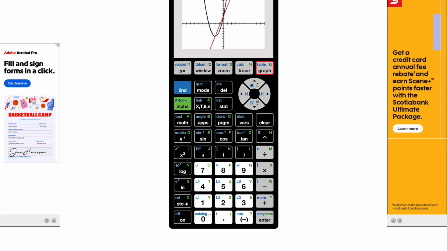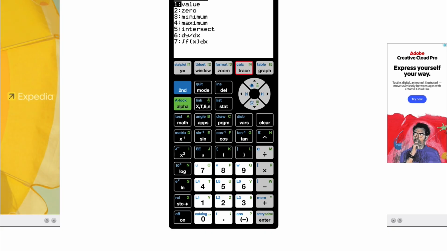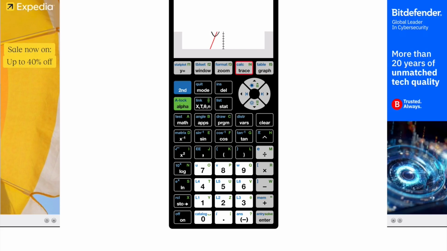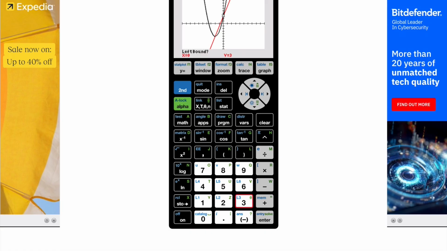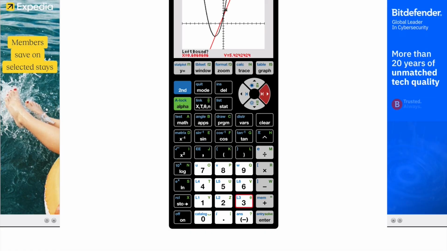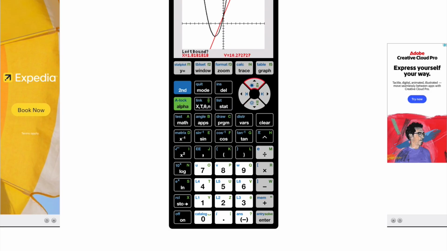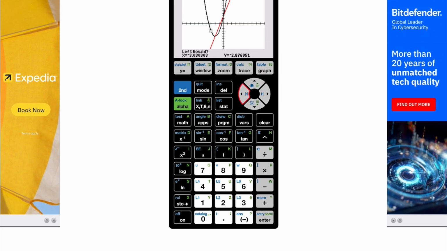To figure out my vertex, it'll be second trace, minimum. Good. So that's my left bound, and this is my right bound, and this is my vertex.